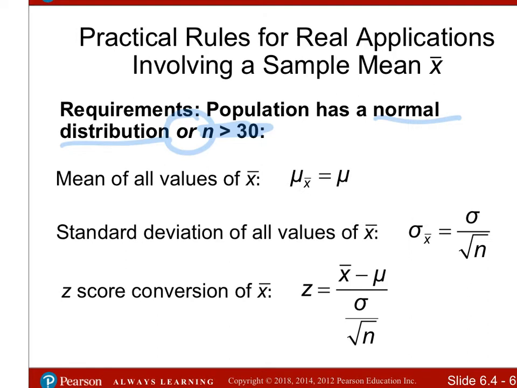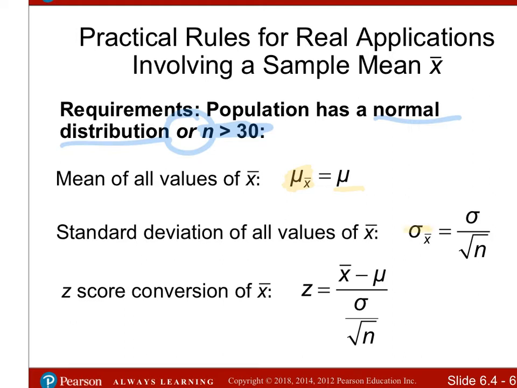Now here's what we know, because all of these questions we're asking are about the mean. So what we want to know is this: what's the mean of the means? Well, the mean of the means is just the mean of the population.